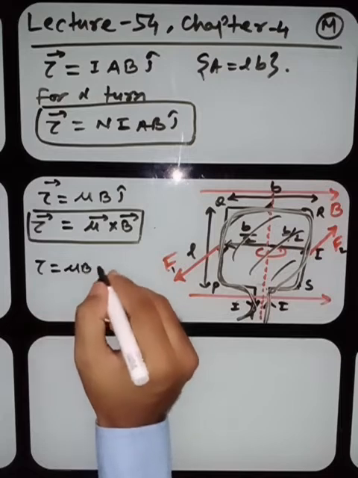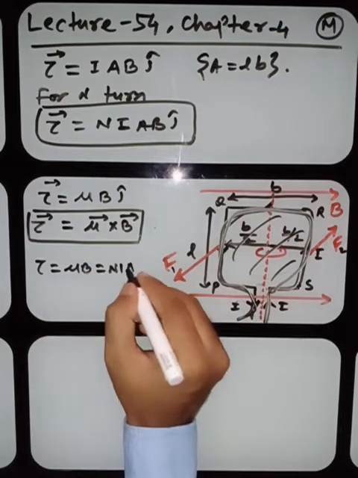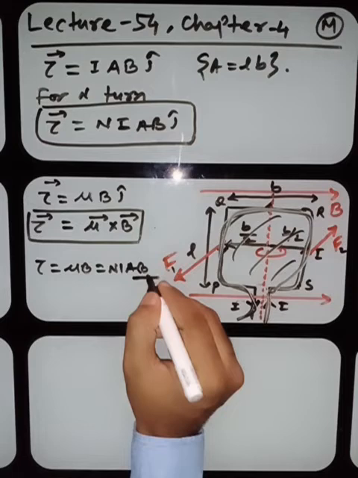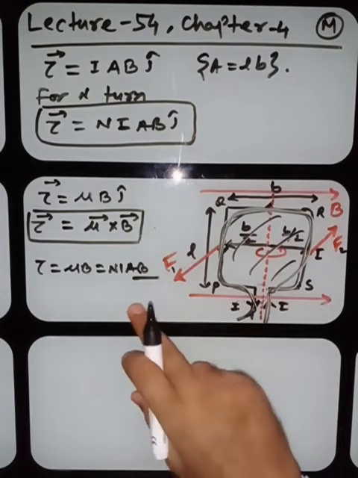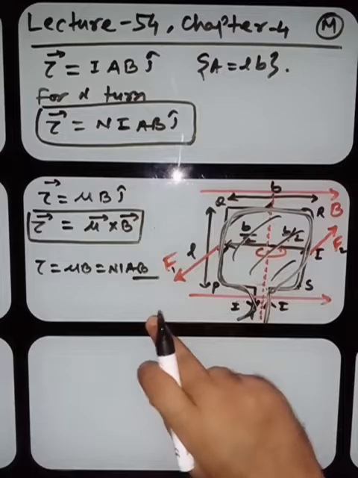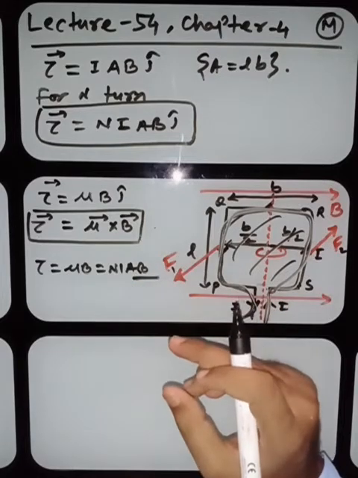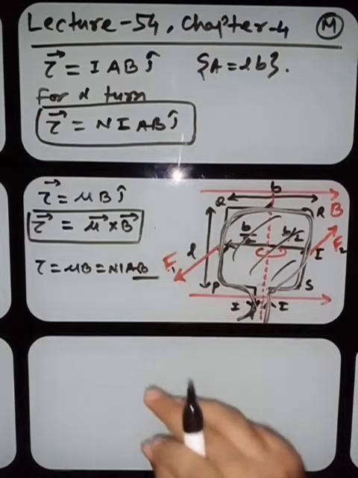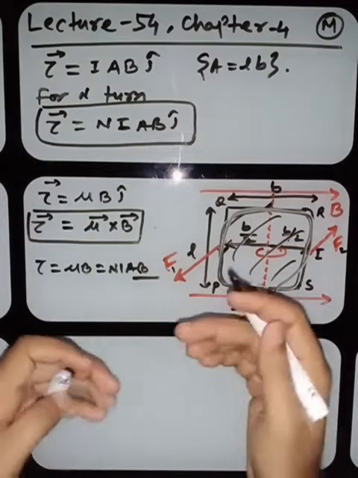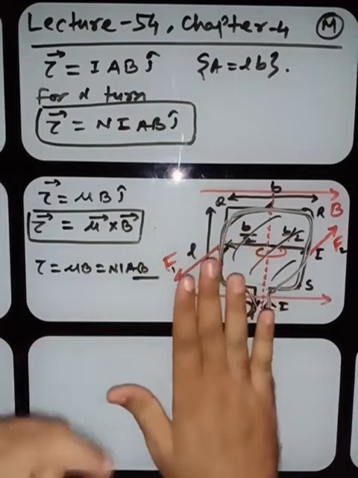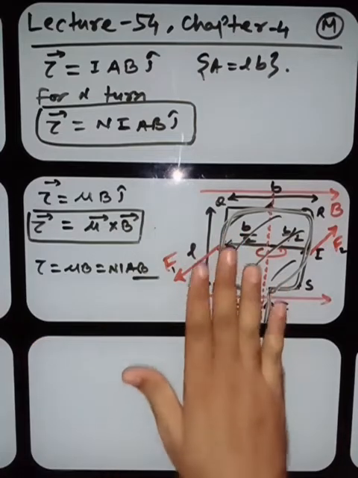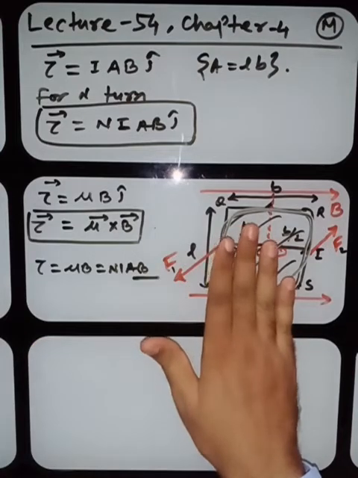Mu B or NIAB. Okay, you have to remember this one. This is the magnitude of torque which is acting on the current loop, my dear students. Now we'll try to find out what happens if we place a magnetic dipole inside a magnetic field in equilibrium.